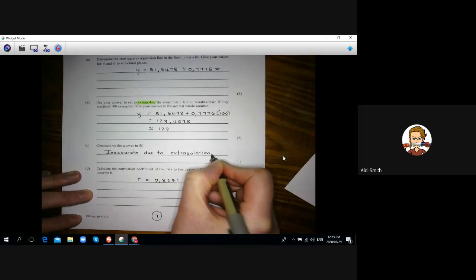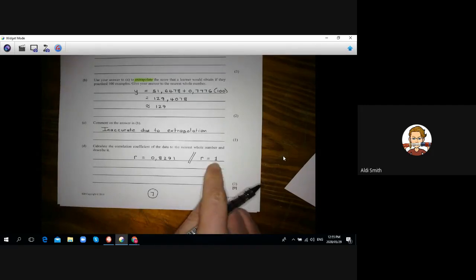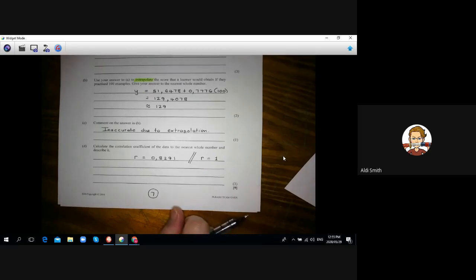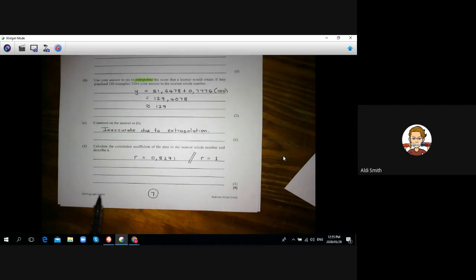And then this question: calculate the correlation coefficient of the data to the nearest whole number and describe it. I would not describe this because this describes a perfect positive linear correlation, whereas this one describes a significant positive linear correlation. That's why I thought this was really badly asked. This was the 2016 supplementary exam.